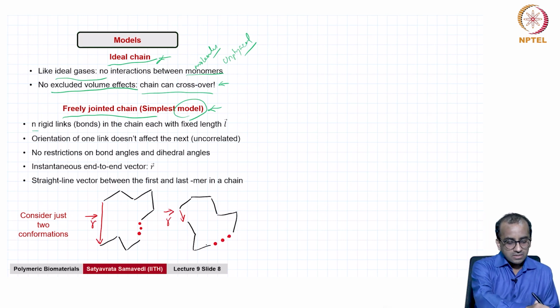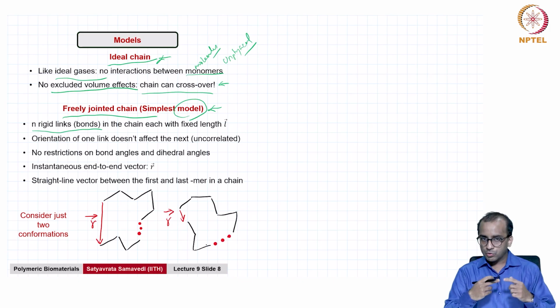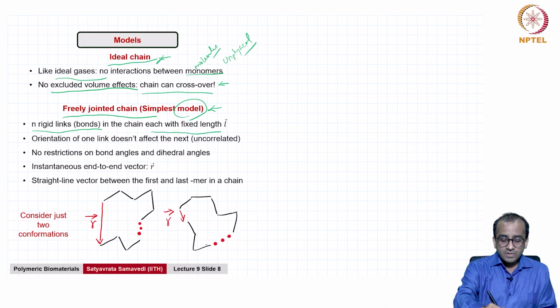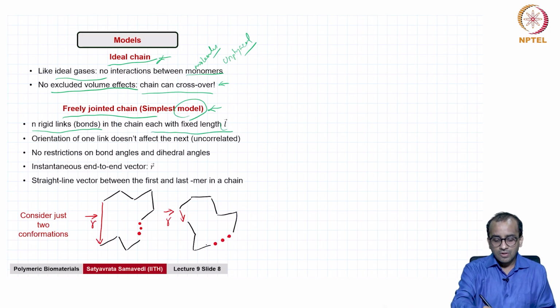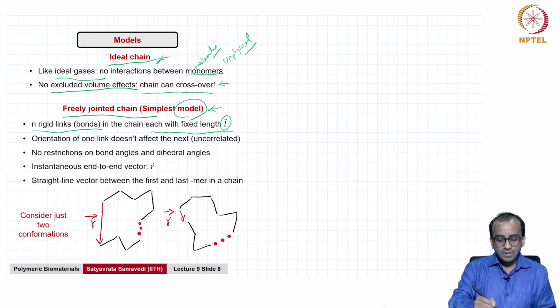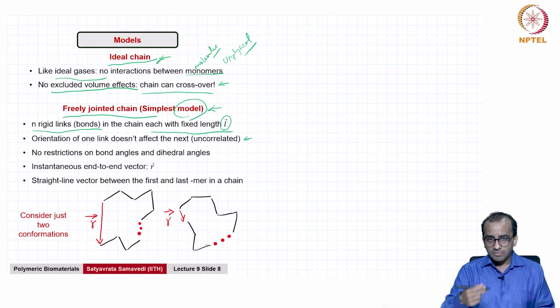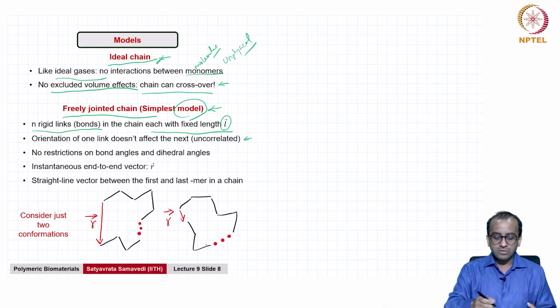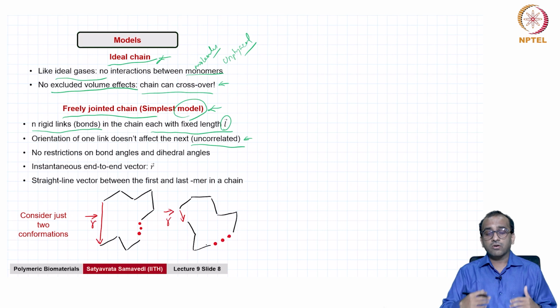It considers n rigid links, which would be the bonds, the covalent bonds between the mers, each with a fixed length of L, and L here is a vector. One very important point to note here is the orientation of one link does not affect the next. This is what we would call uncorrelated.